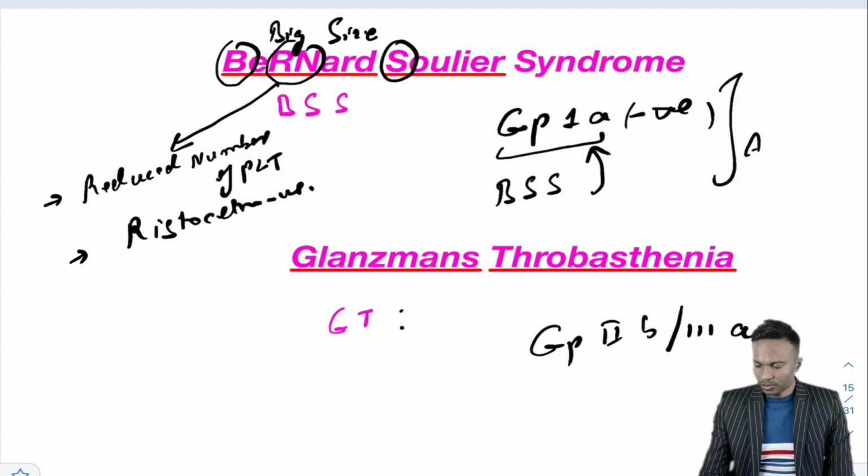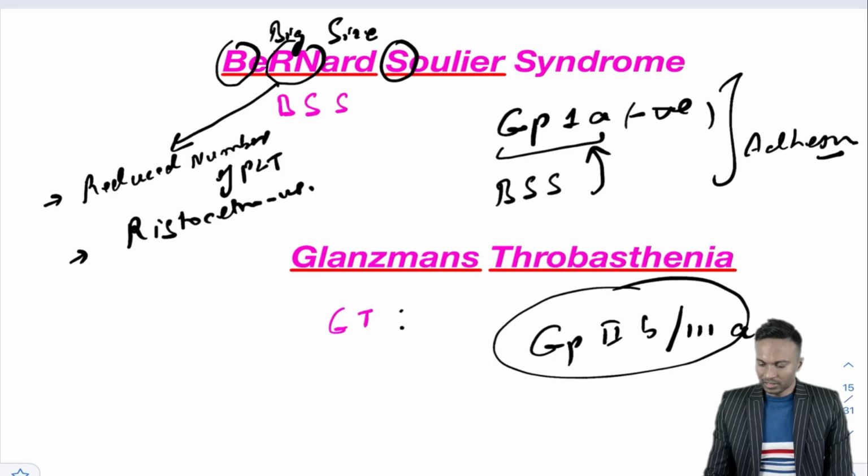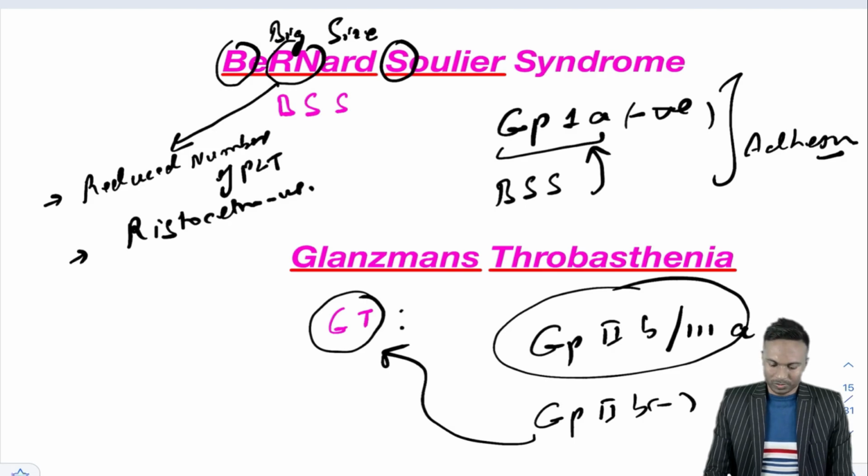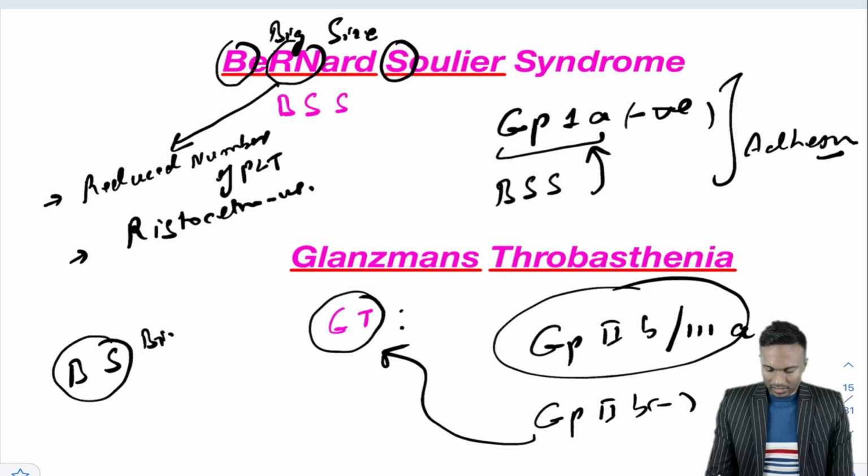So glycoprotein 1B, right? This is related to adhesion. Again glycoprotein 2B, right? GT. Alphabetically GT comes later than B. So we can say in glycoprotein 2B deficiency, the disorder will be Glanzmann's thrombasthenia. So basically important is this part, Bernard-Soulier syndrome, right? Big size platelets.